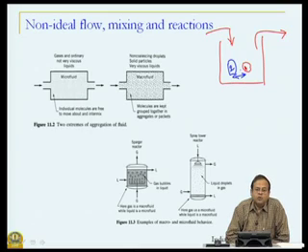Again, one can look at this phenomenon as two extremes. It is always helpful to look at the limiting cases, so that the actual cases fall somewhere in between. One limiting case is complete segregation, where this fluid element 1 and 2 never interact with each other.